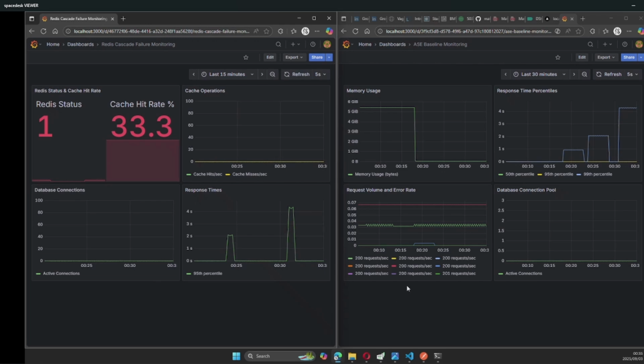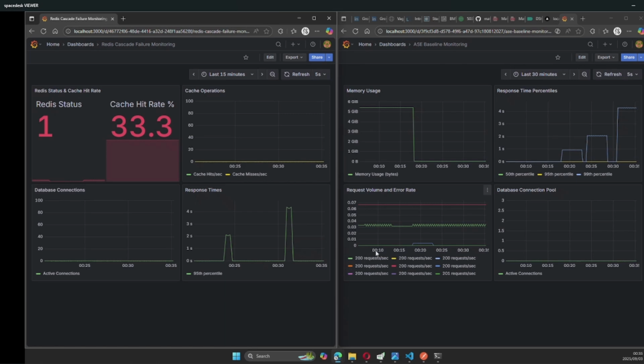Right, so now we've got 2 complete incident types: single service resource saturation versus multi-service dependency failure, both with real-time monitoring correlation with the logs as we saw.